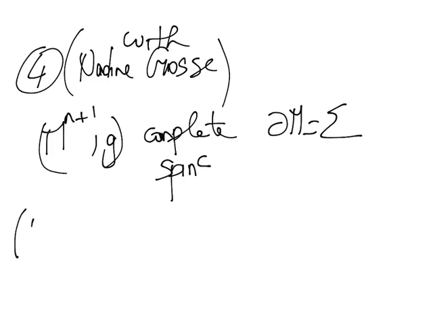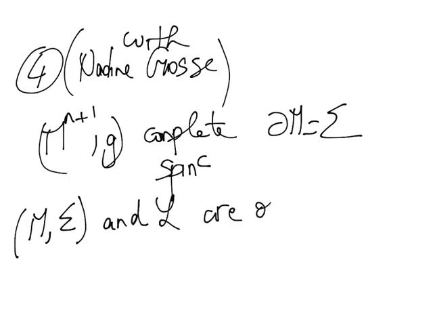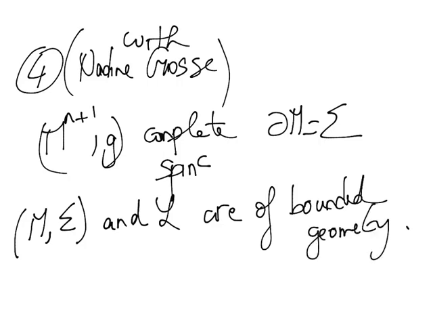We assume that M, the boundary, and the auxiliary line bundle are of bounded geometry, so the curvatures are bounded. What do I mean by the curvature being bounded? I mean the curvature tensor of M and all its covariant derivatives are bounded.